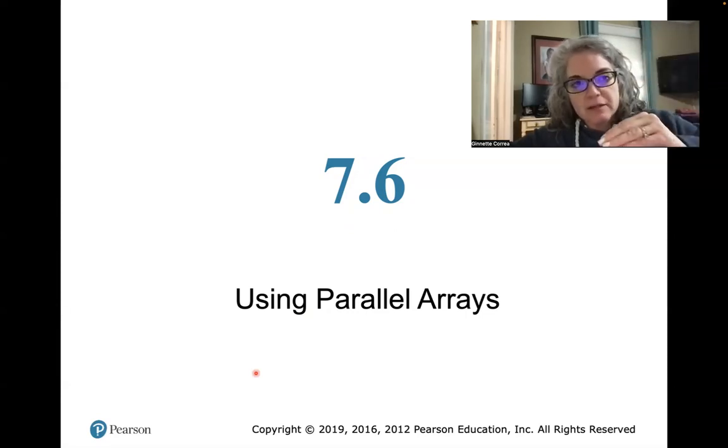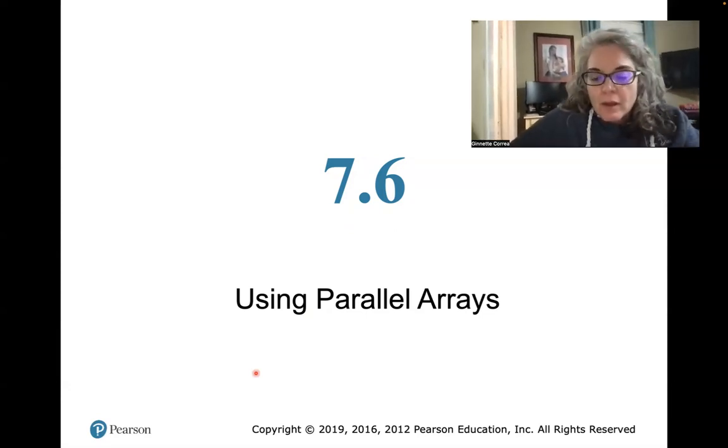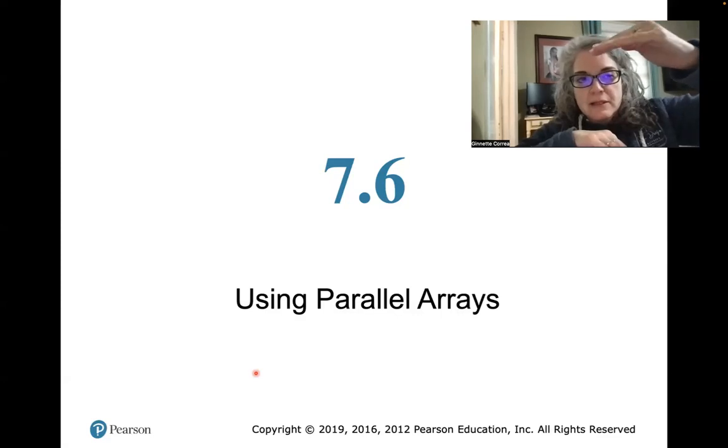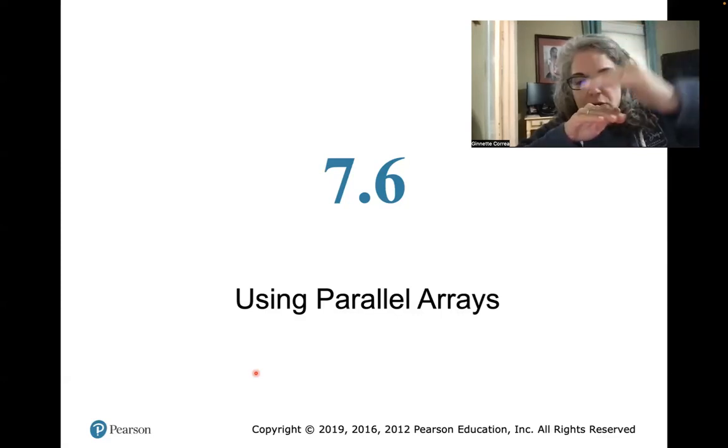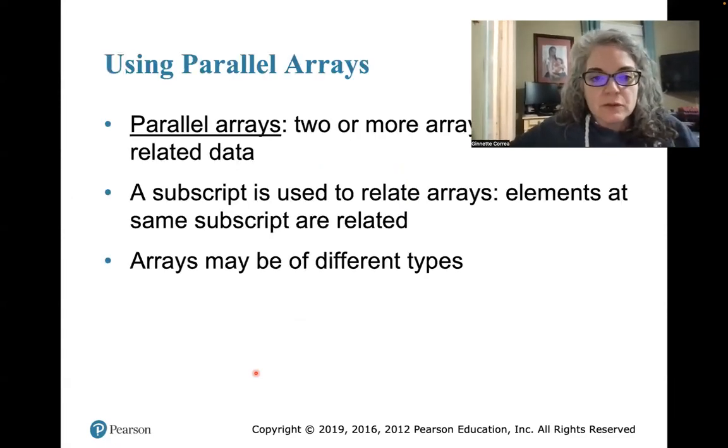Mark's final grade is grade sub 0. Whatever is in element sub 0 corresponds to the second array's element sub 0. So the data is related, and the subscript is what we're using to relate the data.